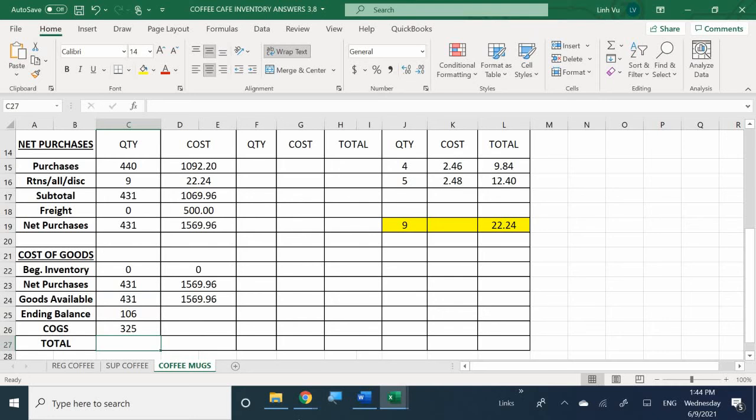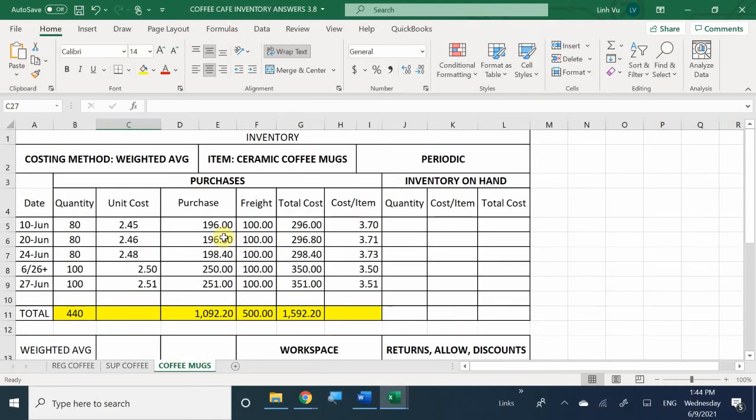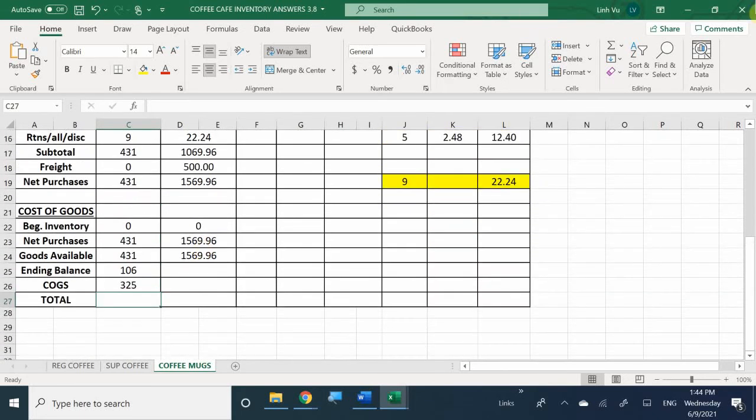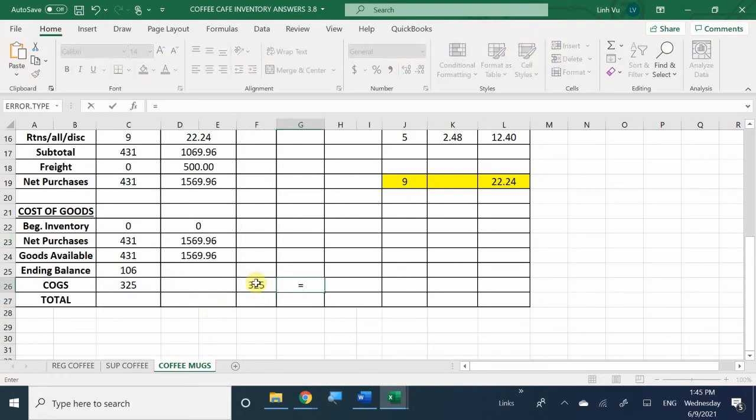Now, we need to calculate our cost of goods sold. In this case, what costing method am I using? Weighted average. So here, all I need to know is that I sold a total of 325. My goods available was 431 units at a total cost of $1569.96.